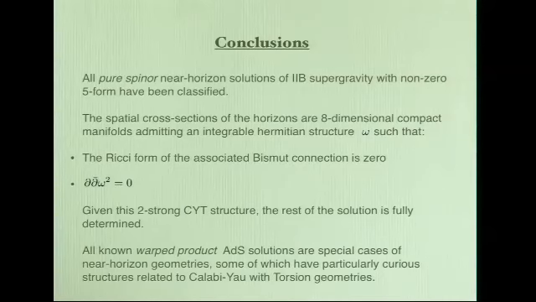And it turns out that all of the 5-dimensional uplifts of black holes can be embedded in this formalism, and all the known warped product AdS solutions can also be written as particular special cases in near horizon geometries, and some of these have some rather curious structures associated with them.